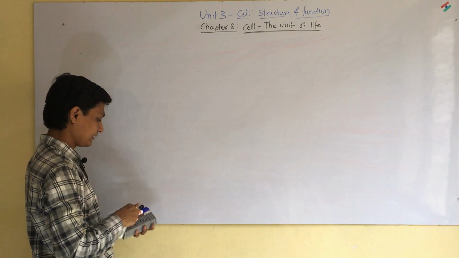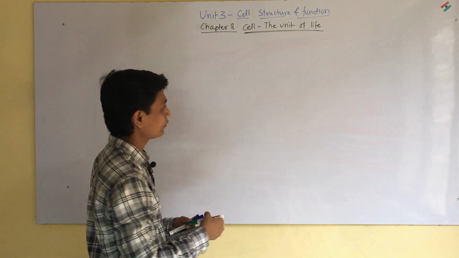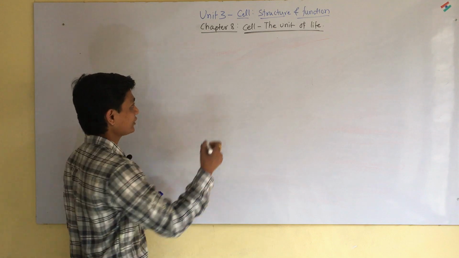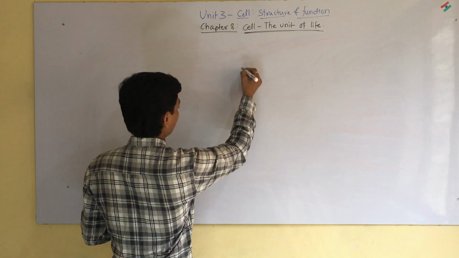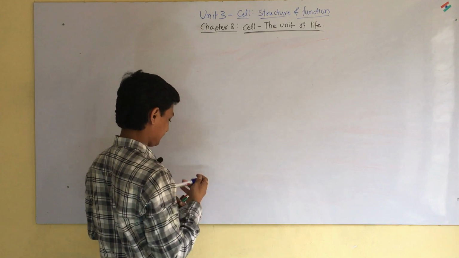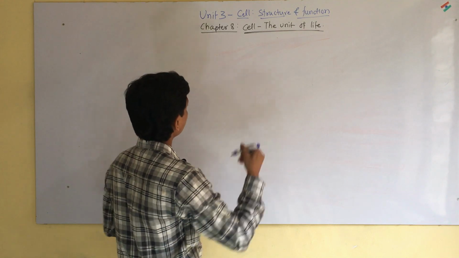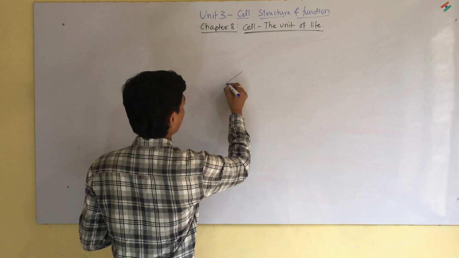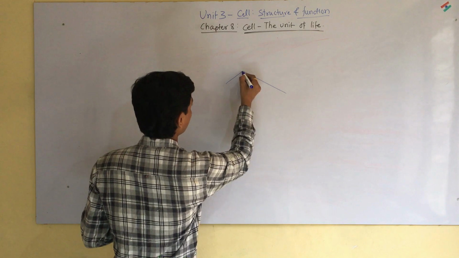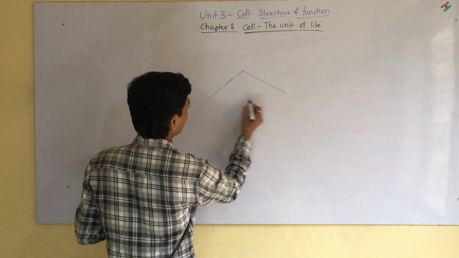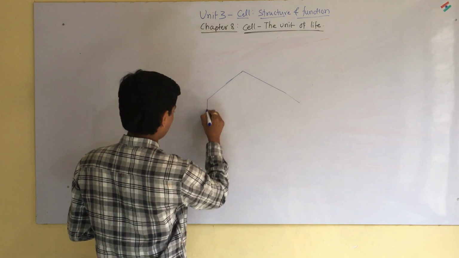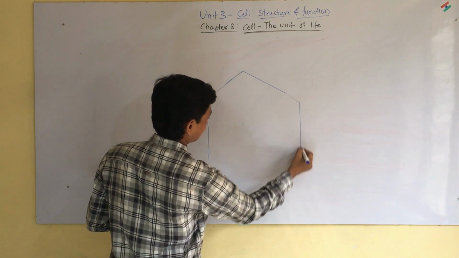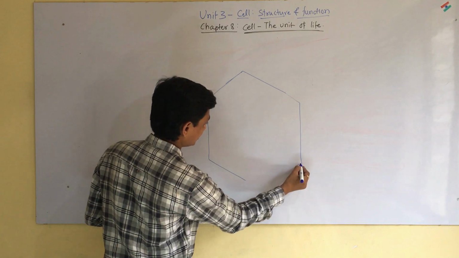So plant cell is polygonal in shape or hexagonal in shape. I will draw this like this. A cell is like this, hexagonal in shape.